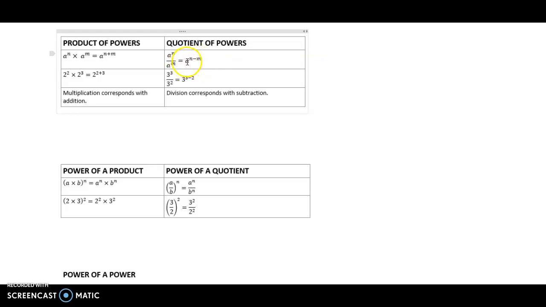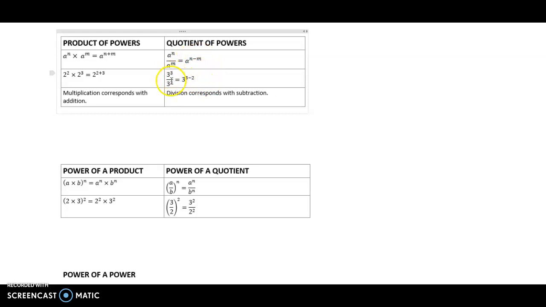So we put down one base noma sibhala ibase eyodwa to the power of n. U-n because the numerator has to be positive. U-m uyi-power kwi-denominator, therefore it becomes negative m. So kuzoba a to the power of n minus m.